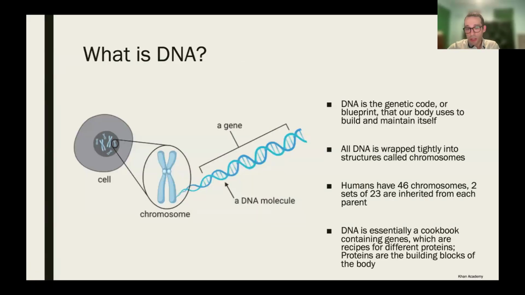When we talk about mutations, we talk about genetic changes, right? And so what is DNA? What are genetic changes? In the most basic sense, DNA is the blueprint for your body.